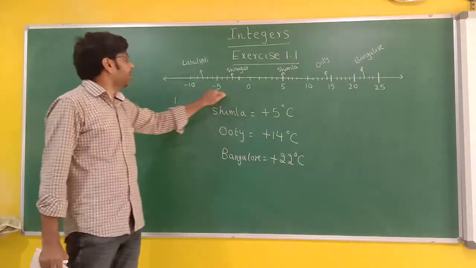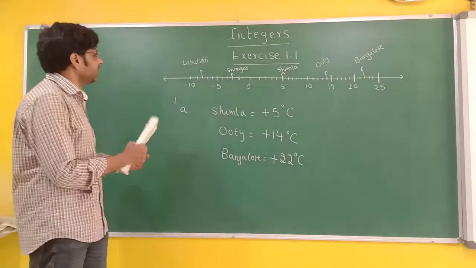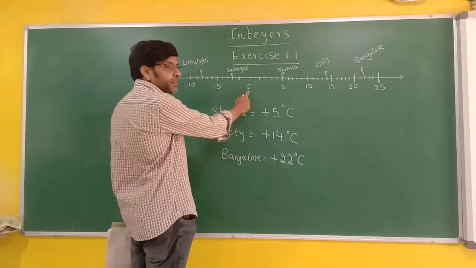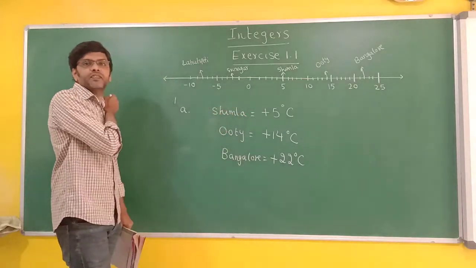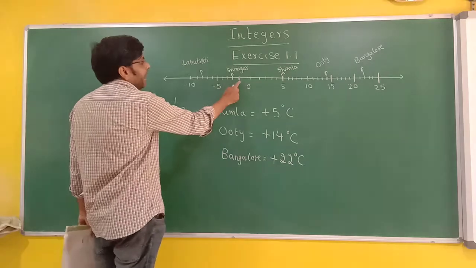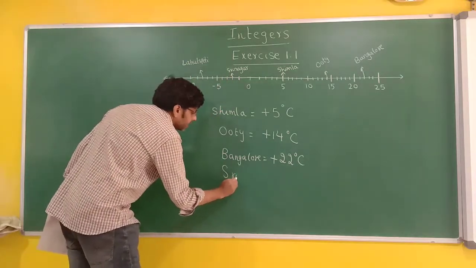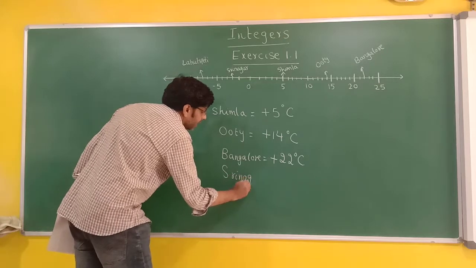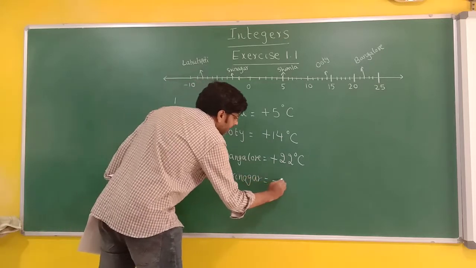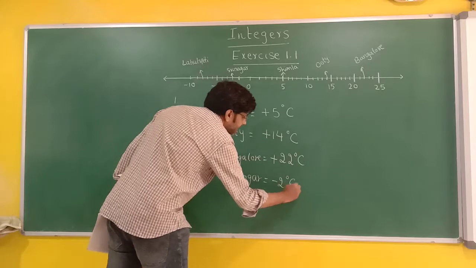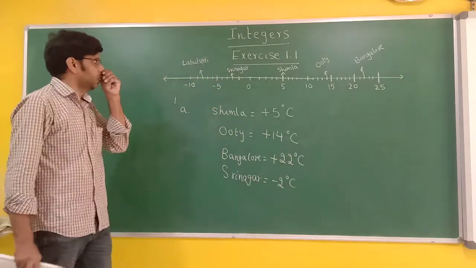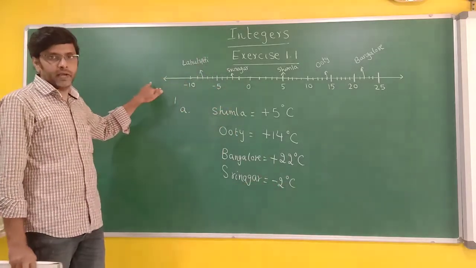Now, let us see about the negative side. See, I am starting from 0 and I am traveling left side. -1, -2. So, the temperature recorded in Srinagar is -2 degree Celsius. These all are negative numbers.